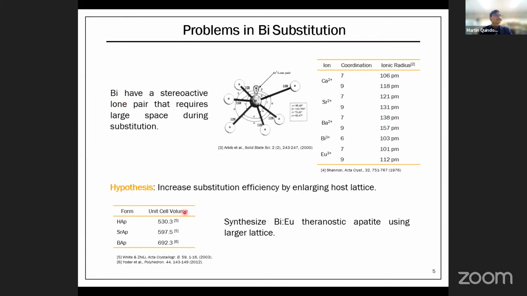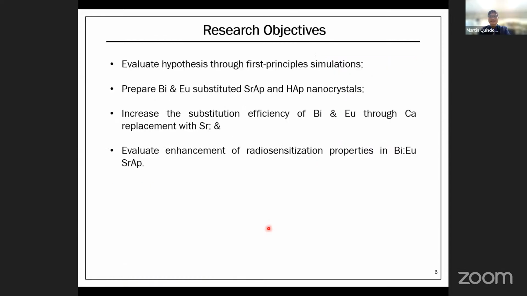My hypothesis is to increase the substitution efficiency by enlarging the host lattice. And we can enlarge the hydroxyapatite or HAP lattice by changing completely the calcium in hydroxyapatite to strontium or to barium. So the goal now is to synthesize the BiEu theranostic apatite using a much larger lattice.